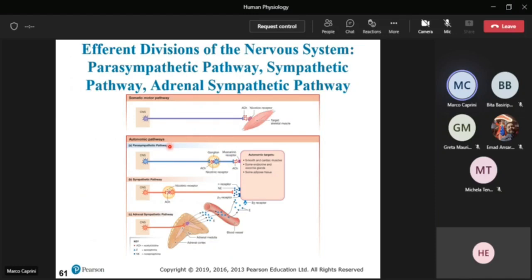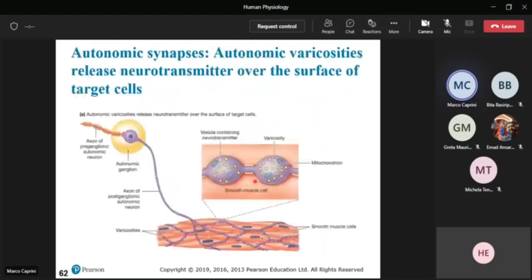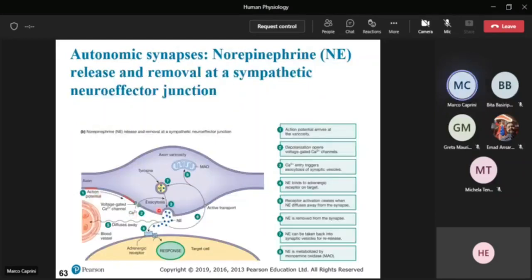The parasympathetic pathway contains the acetylcholine as a neurotransmitter on muscarinic receptor, while the sympathetic pathway contains the noradrenaline on noradrenergic receptors. Have you studied the autonomic pathway in human anatomy? Yeah, okay. So, let's see this example.